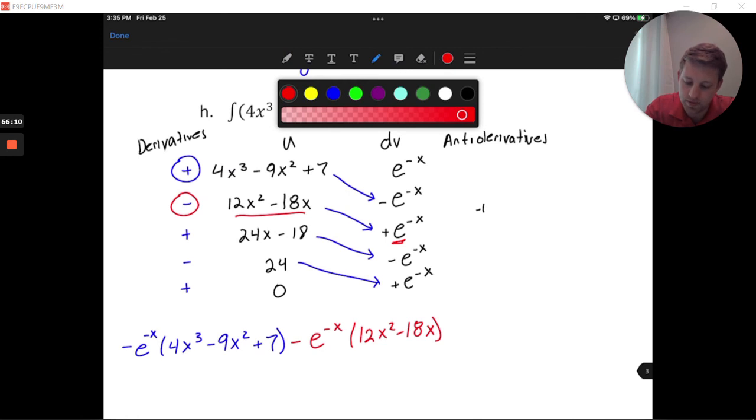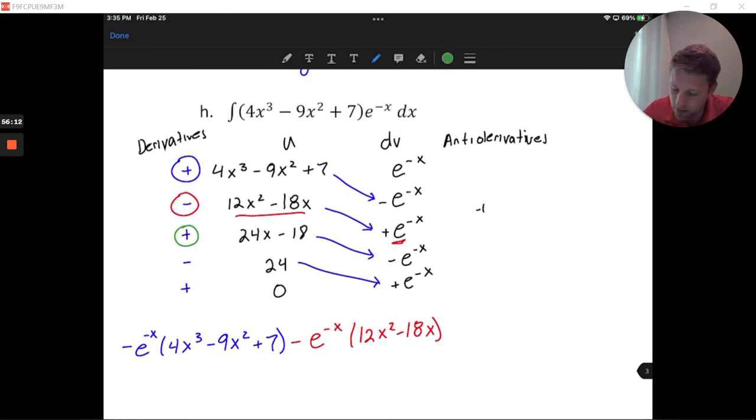The next component is going to be, again, plus 24x minus 18, and then times negative e raised to the negative x. So this term will also have a negative e raised to the negative x, and we'll have a 24x minus 18.